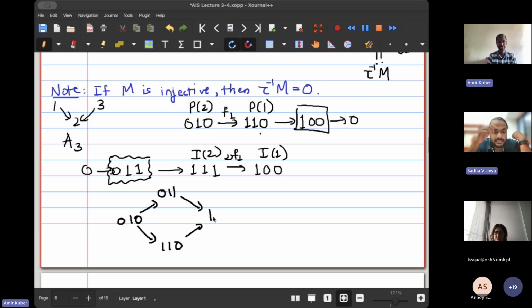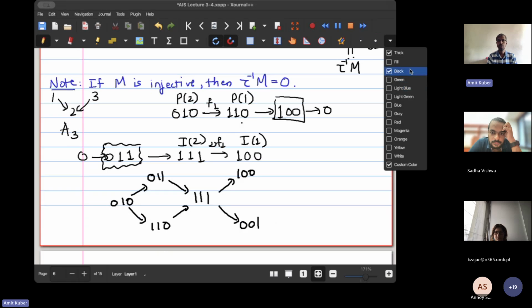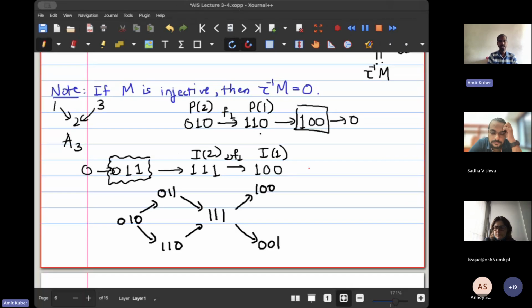Yes, so maybe I should show it. Thanks for pointing that out. I will choose a different color, red color. I'm trying to show the AR translate tau.